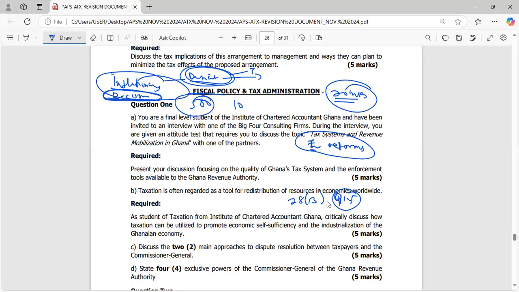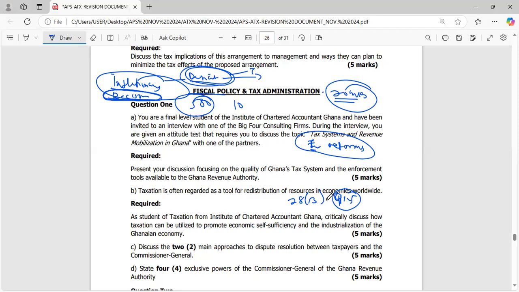So for personal income tax, what's the date for filing and paying the tax? Is it by the end of the following month or by the 15th day of the following month? 15th day of the following month. I'm not talking about withholding tax. Personal income tax is filed at the end of the fourth month of the following year.